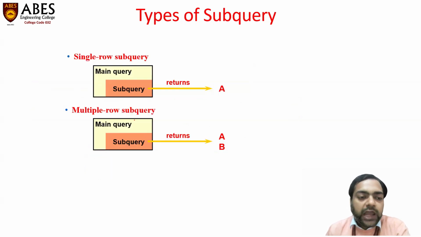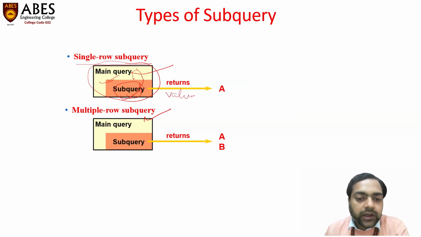Now we have two types of subqueries here. First of all, we have single row subquery and multiple row subquery. What does it mean? If we talk about this subquery concept, we have the main query and we have the subquery. We know that first of all, the subquery will execute and the output of the subquery will be given to the main query, right? So single row subquery means that the subquery will return only a single value.